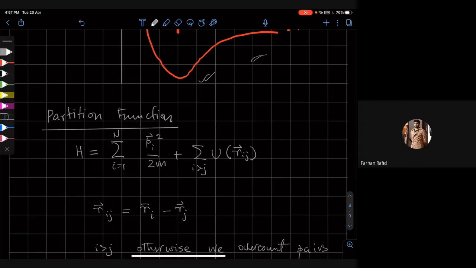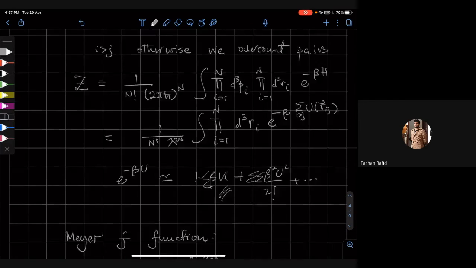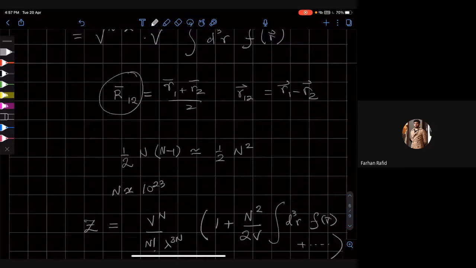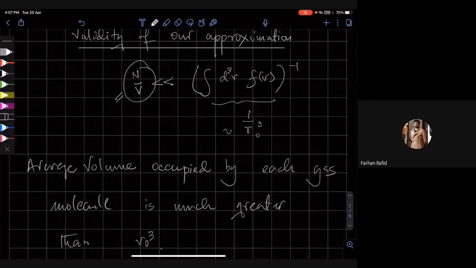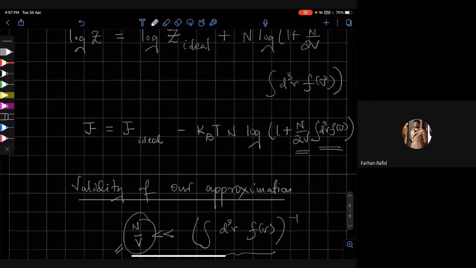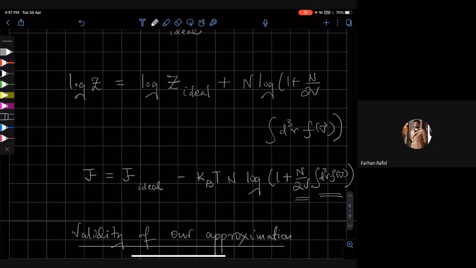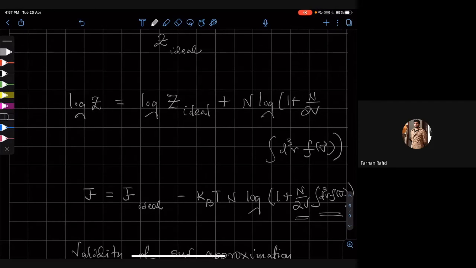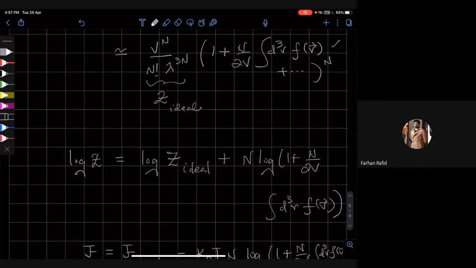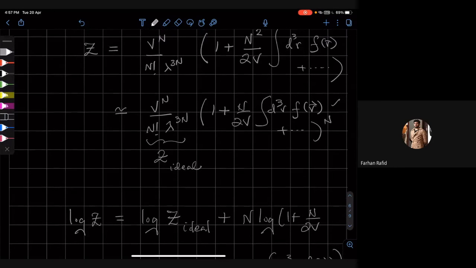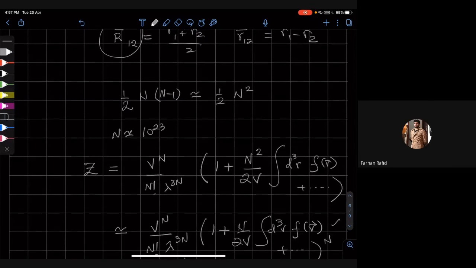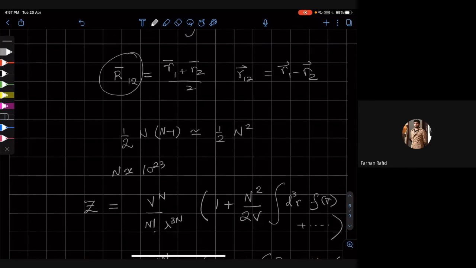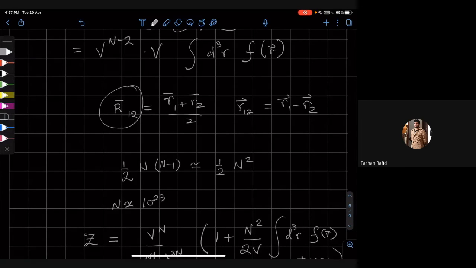Sir, I have a confusion in the equation. Would you scroll down a bit? Sure. A bit upward again, before the Z. Yes, so R12, what did you do here?